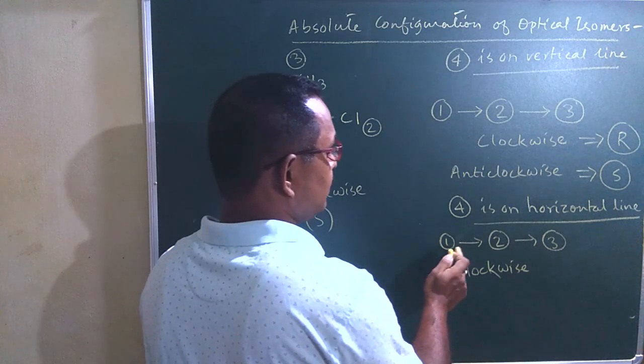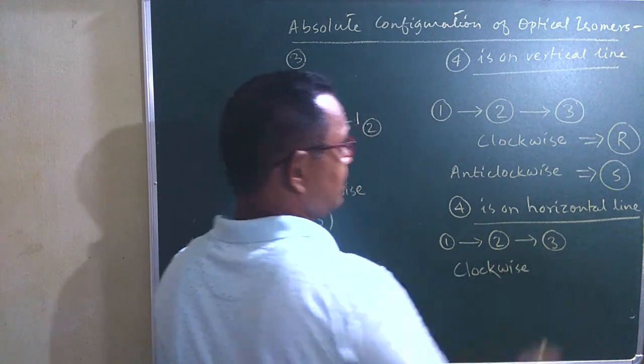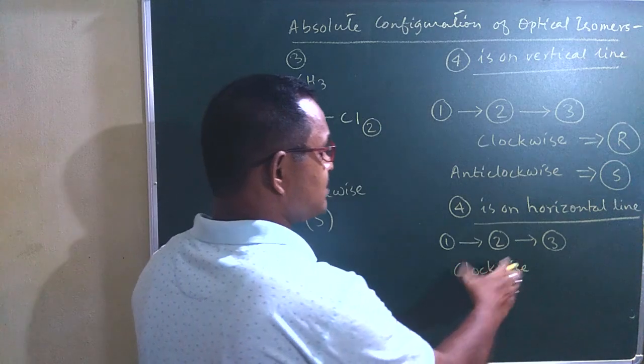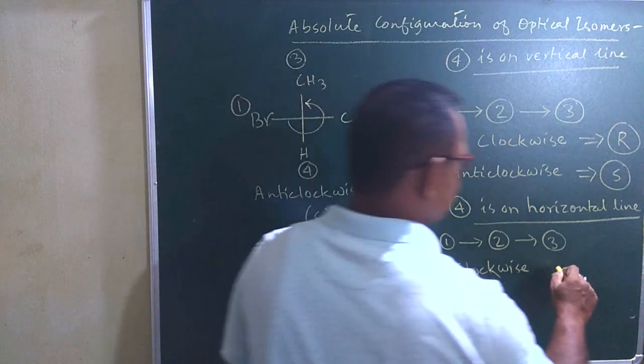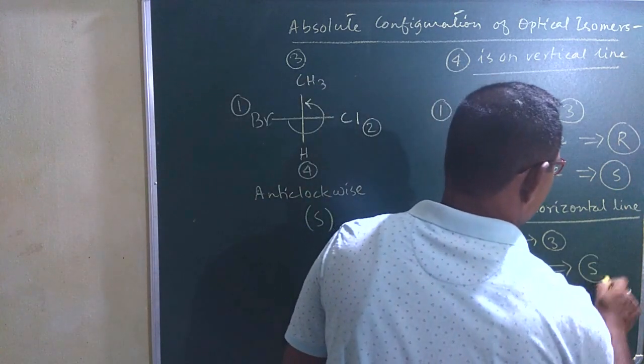For this 1 to 2 to 3 rotational sequence, if it is clockwise, then the configuration will be S.